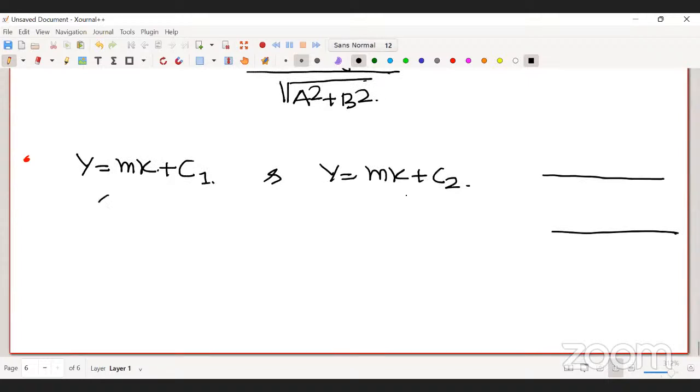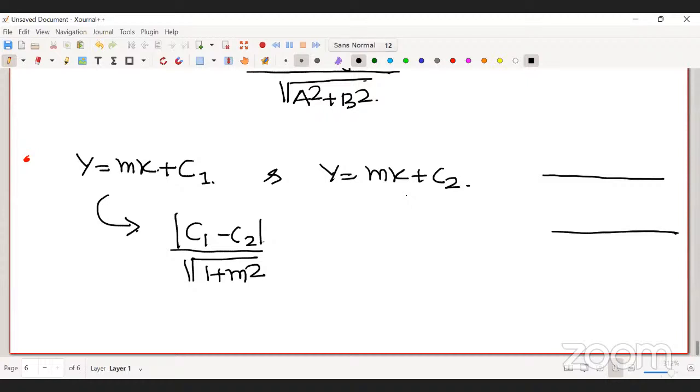Basically you have a formula for that. When two parallel lines are given, you can easily compute the distance between them using this formula: modulus of C1 minus C2 divided by root of 1 plus m square. Since the lines are parallel, both slopes are equal.